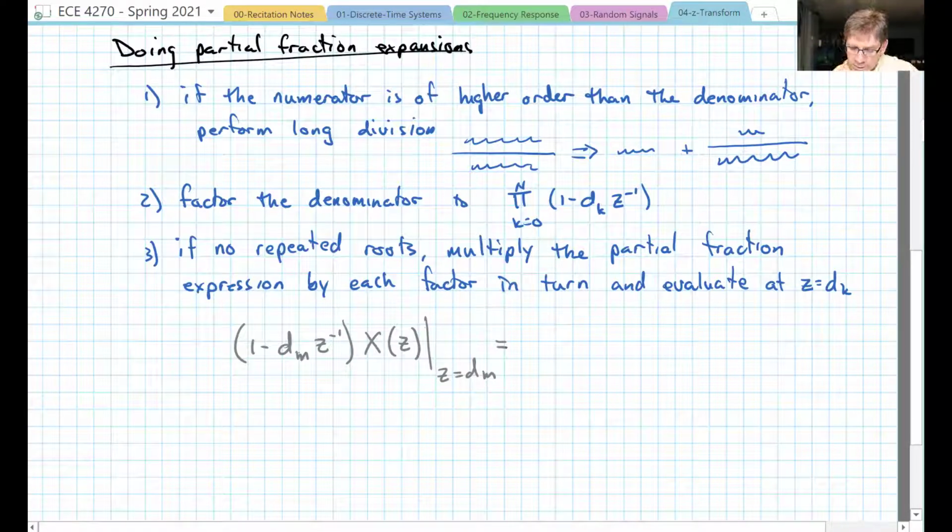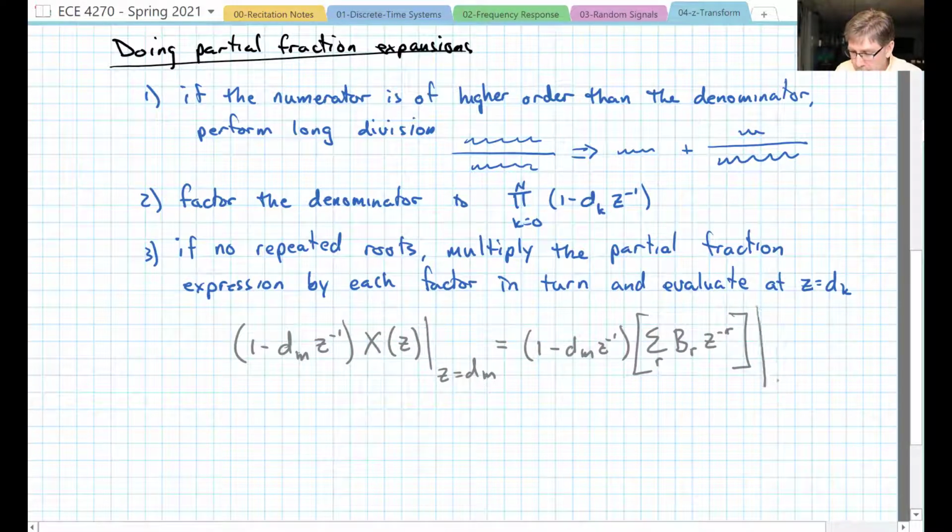So this is equivalent to multiplying our sum over r of our B terms, the capital B_r z to the minus r, and evaluating that at z equals d_m.